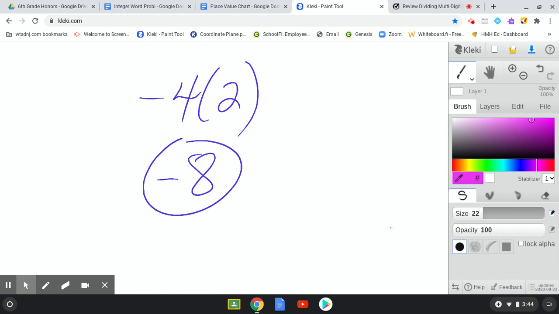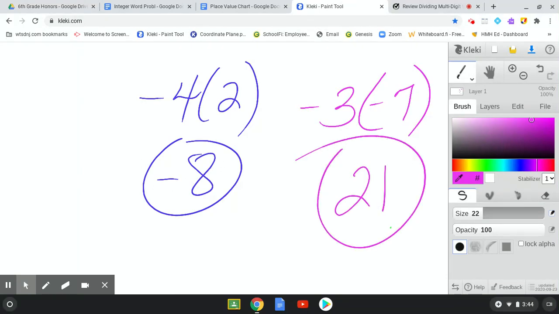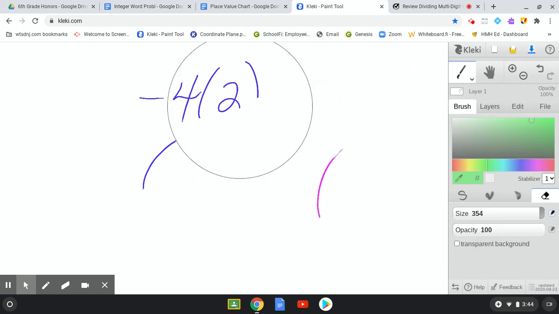Okay, so if I had -3 times a -7. Here, my signs are the same, so my answer is going to be positive. I'm not going to actually put the positive sign because you know we don't need that. 3 times 7 is 21. Final answer, +21. And that's because my signs here were the same. Both were negative. Signs are the same. My answer is positive.